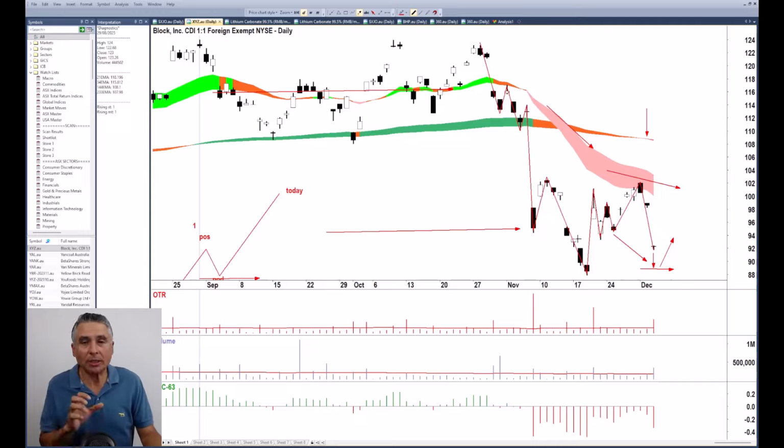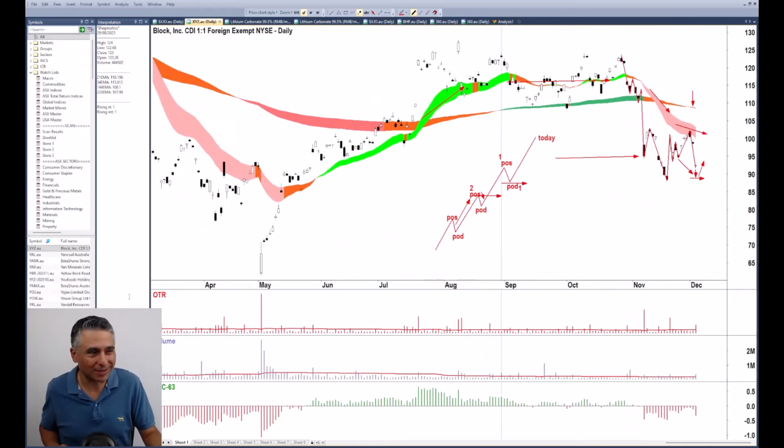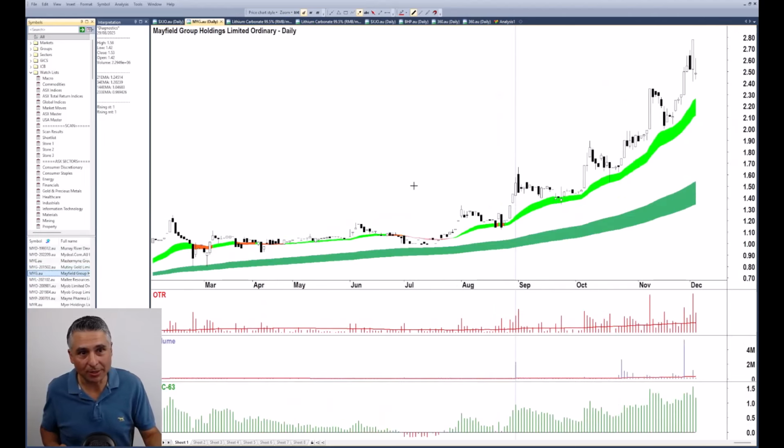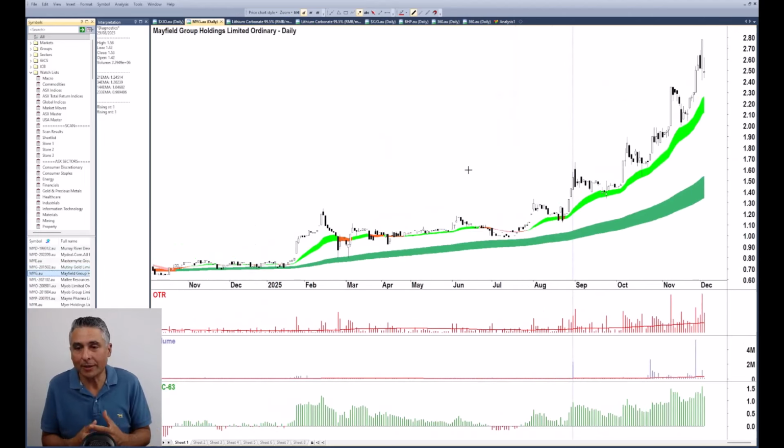Schizophrenic price action. Bottom line here, ladies and gentlemen, is if the market can't figure out whether this is a good stock to own or not, why are we looking at it? If there isn't a strong consensus, and this is not strong consensus, I'm just going to go to a stock which I know has strong consensus at this point in time, and it's this one here. The demand side knows they've got cash, they just want to turn their cash into shares and own shares.